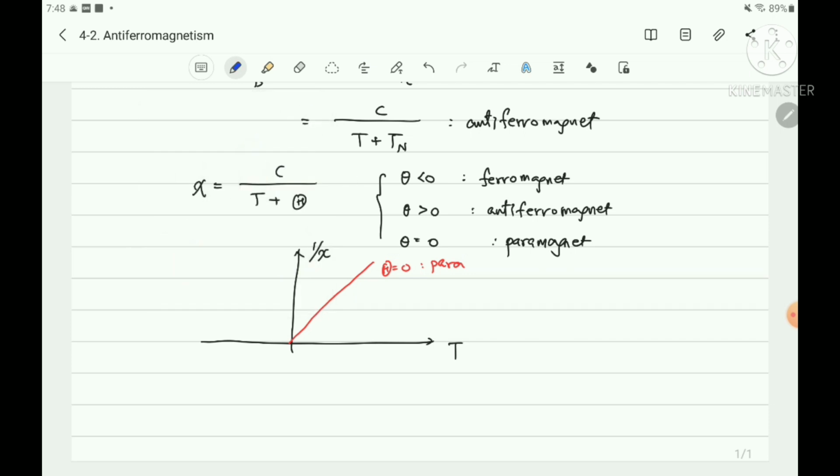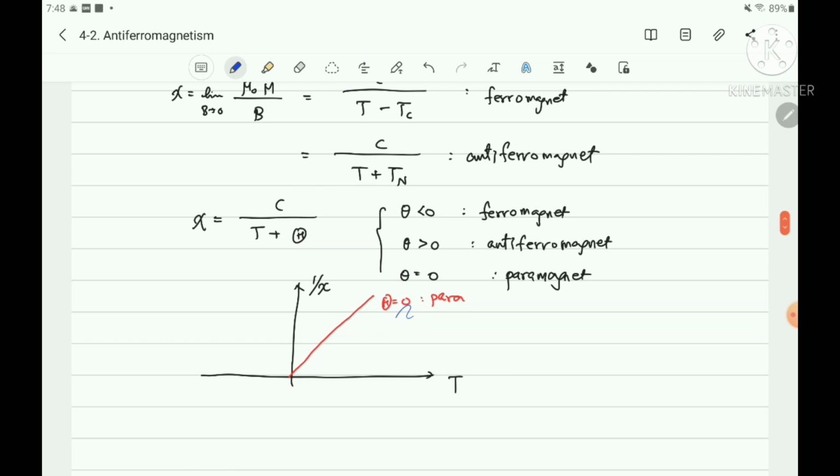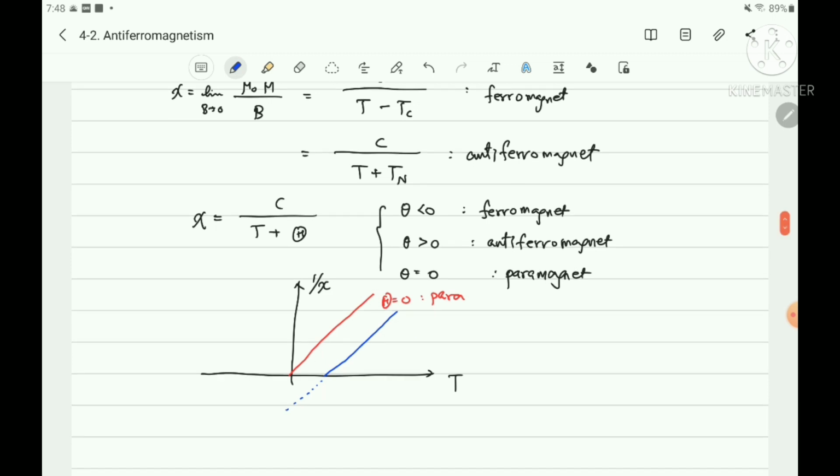And zeta is the intercept along the y-axis, and for a negative zeta value, it is a ferromagnet.